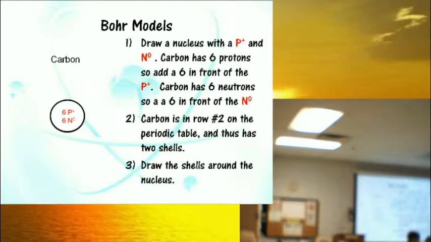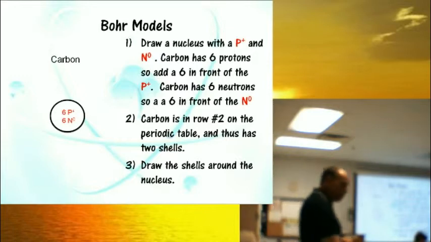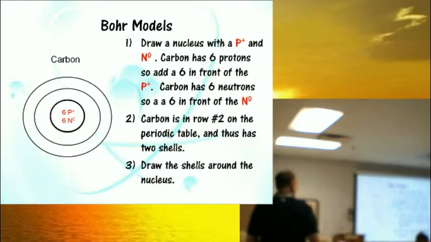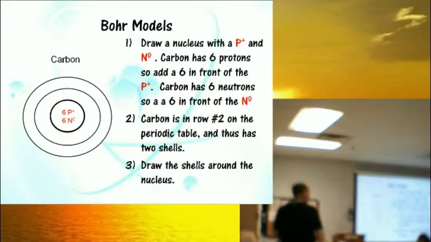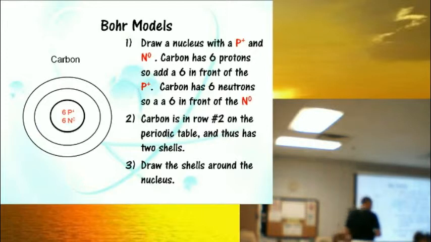Dylan? Look. You go across, you get to the number on the side. What does it say? 2. And that's how you get the number of shells. So you have to actually draw, and be careful, draw it neatly. You have to actually draw 2 circles around the nucleus because there are 2 shells. So everybody do that now. We're still on the front. I told you to turn back to the front cover.